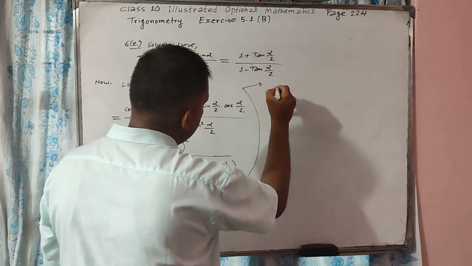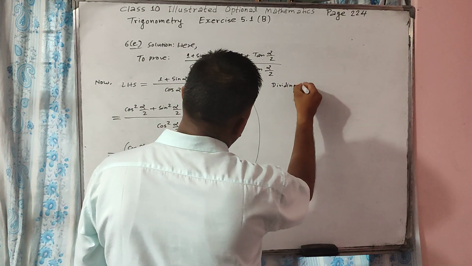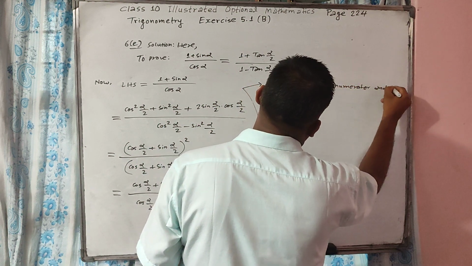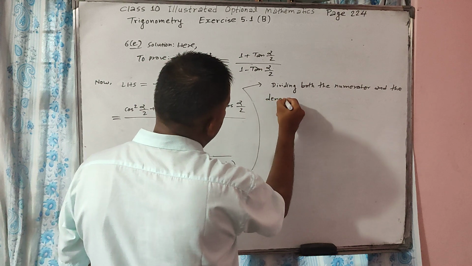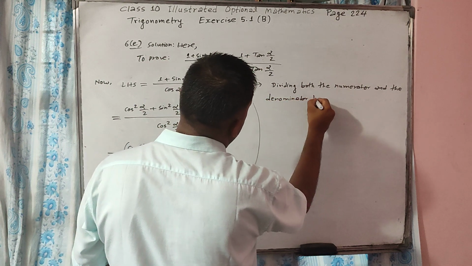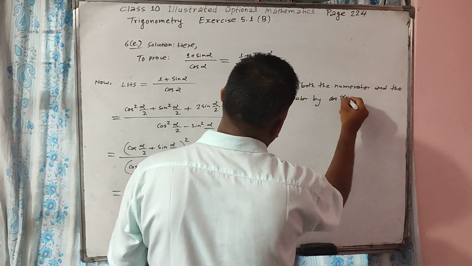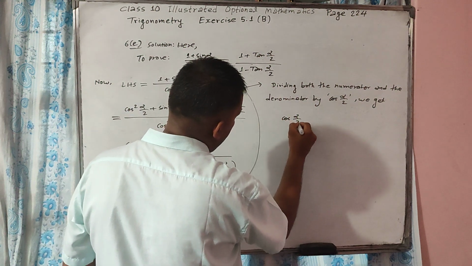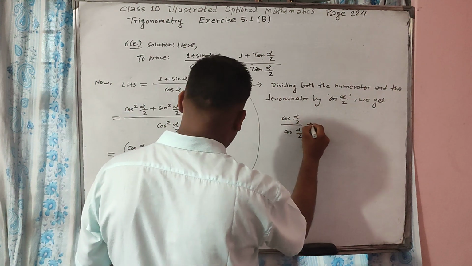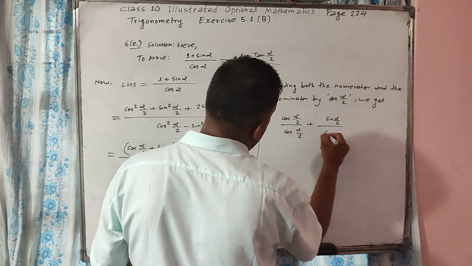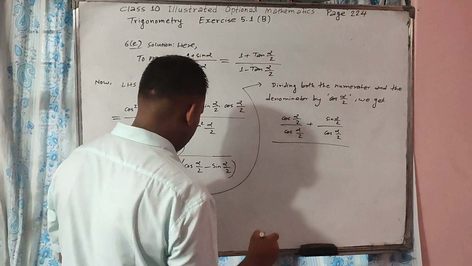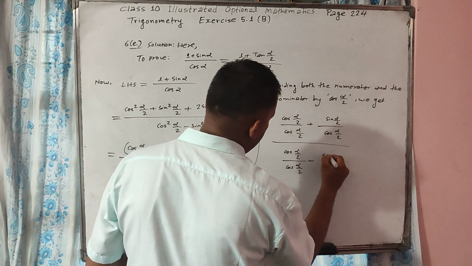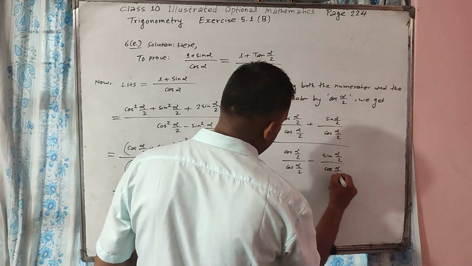Then dividing both the numerator and the denominator by the term cos alpha by 2, we get cos alpha by 2 upon cos alpha by 2 plus sine alpha by 2 upon cos alpha by 2, all upon cos alpha by 2 upon cos alpha by 2 minus sine alpha by 2 upon cos alpha by 2.